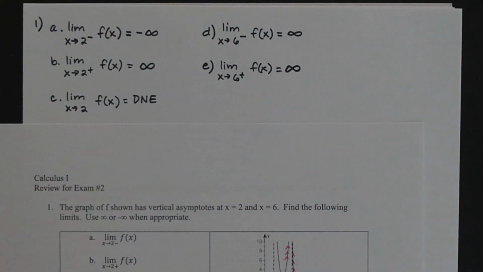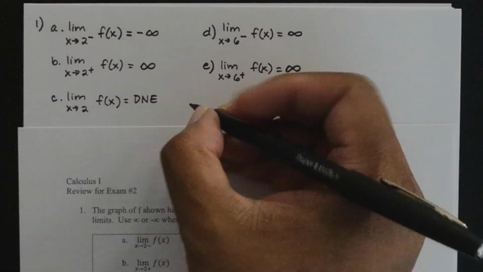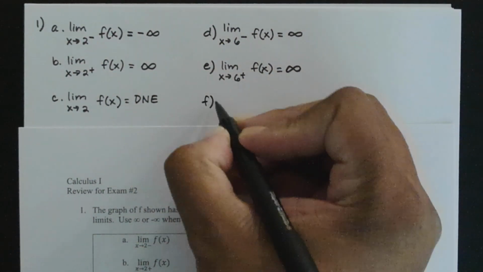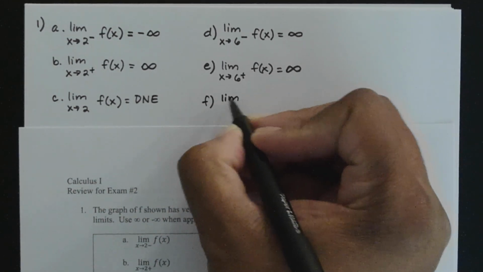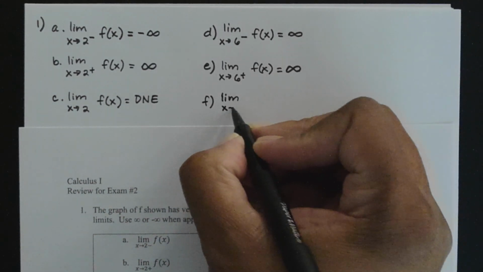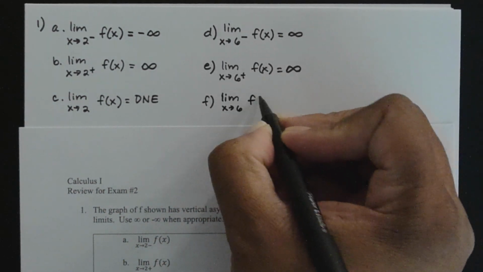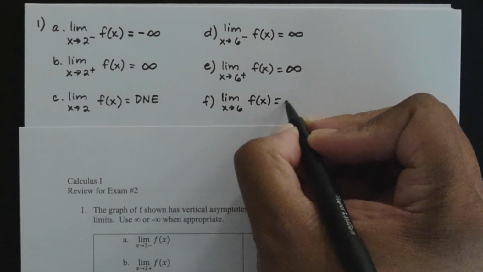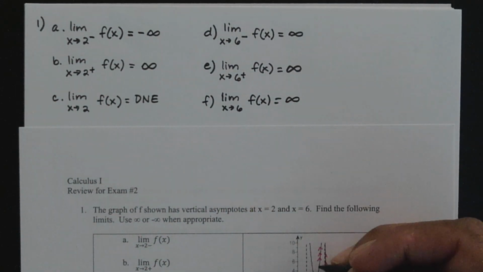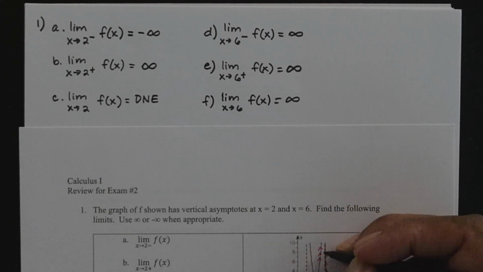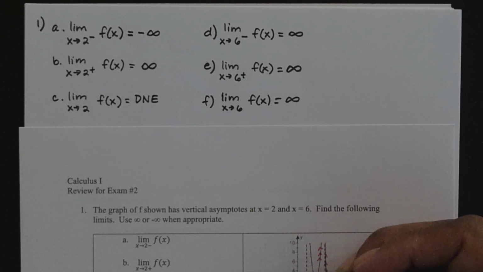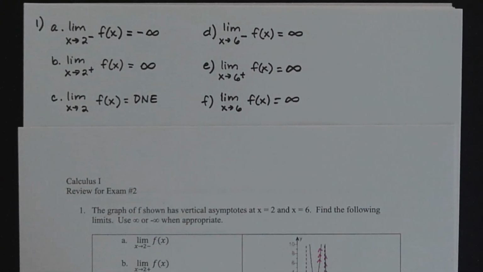And based on what we got for parts D and E, part F is the limit as x approaches 6. Infinity. Because notice on the left it's going to infinity when we come in from the left of 6, and also it's going to infinity as we let x approach 6 from the right.